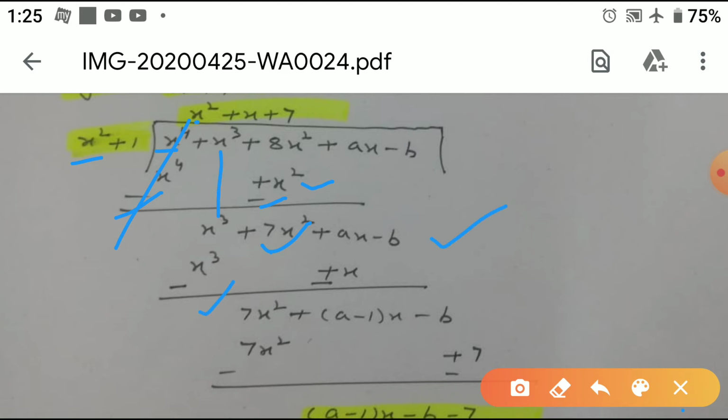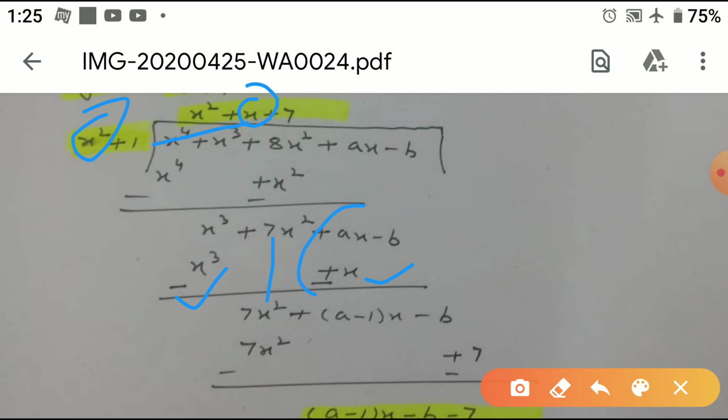Now to get x cube we need to multiply this x square with x. Okay. Now when you multiply this x square with this x we get x cube. x with this 1 we get x. Now this 7x square here as it is, and plus ax minus b, and this is minus x.